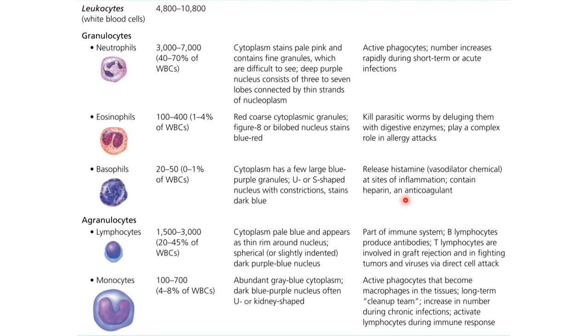Okay. The second type of white blood cells do not contain granules, and they are agranulocytes. We have two types of agranulocytes, the lymphocyte, and the lymphocyte is a specific cell which has a particular function of producing adaptive immunity. So adaptive immunity is a type of immunity that is very specific.